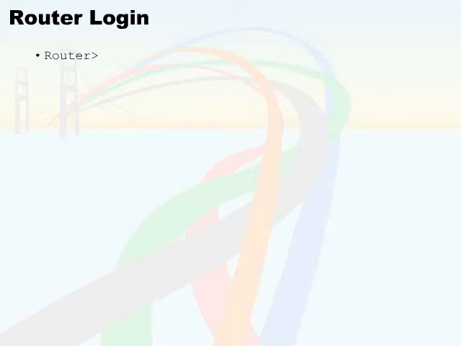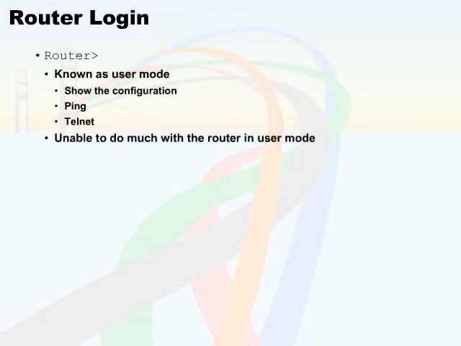Now this particular context is known as user mode. You can do very basic things with this mode, like showing the configuration to an extent that's very limited. You can ping or telnet from here, but you really can't do much to this router until you get past this context. So typically, we'll stay in user mode for very little time.